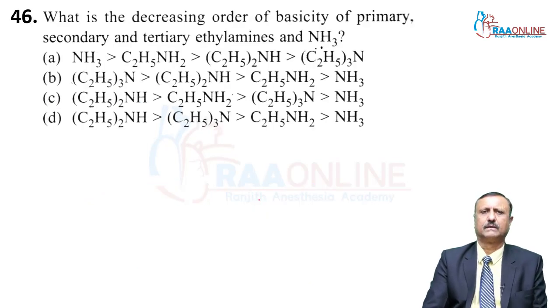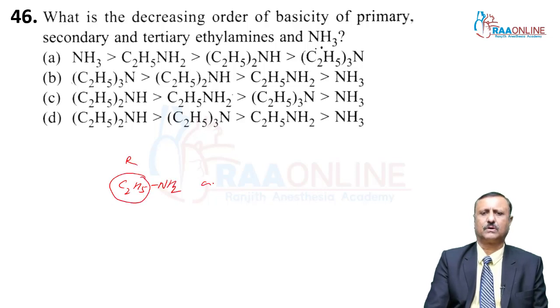Now, we can see question number 46. What is the decreasing order of basicity of primary, secondary and tertiary ethylamine and ammonia? Here, my dear students, you can see the basicity of ethylamine, where the alkyl group is ethyl.